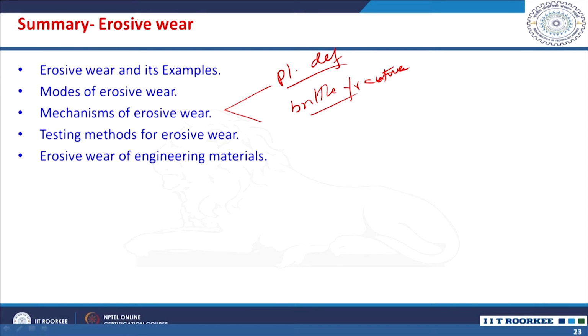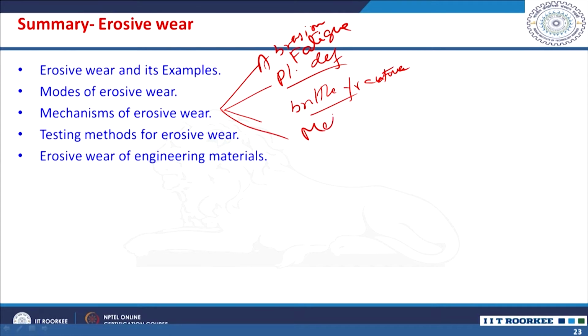In these mechanisms there are inherent internal mechanisms like abrasion, fatigue, melting, or secondary effects followed by deformation or brittle fracture.